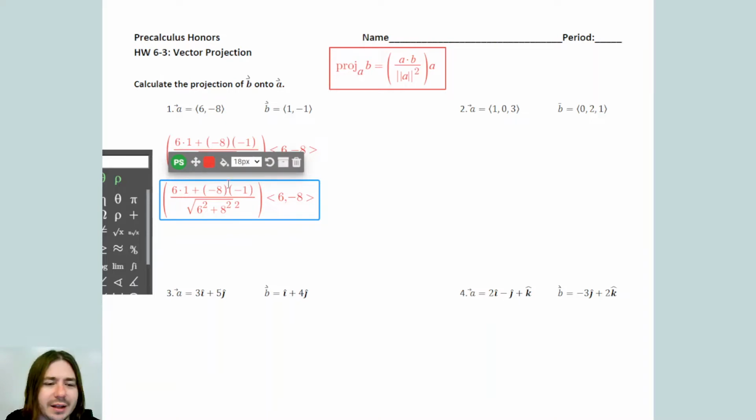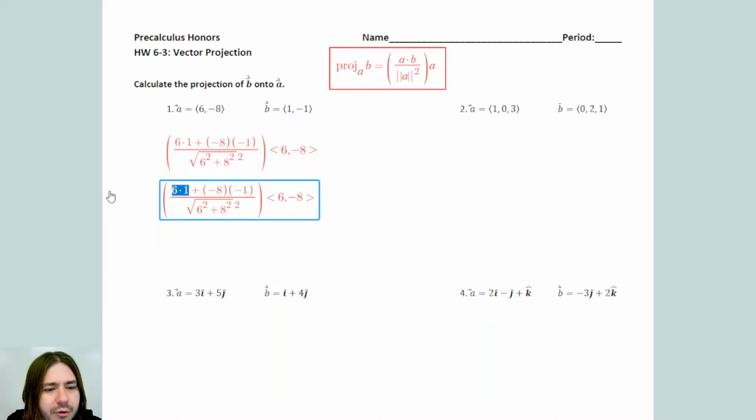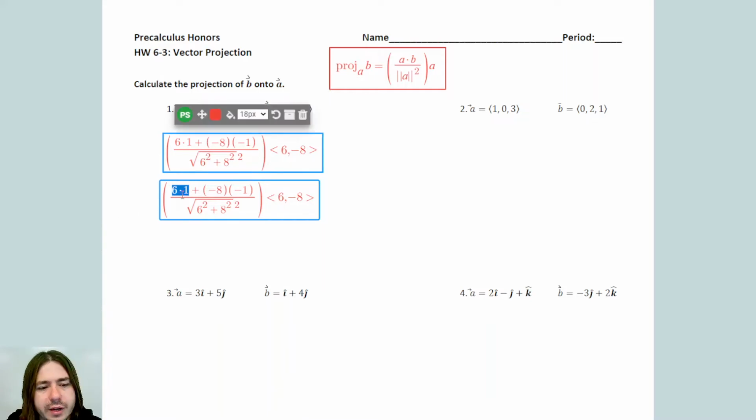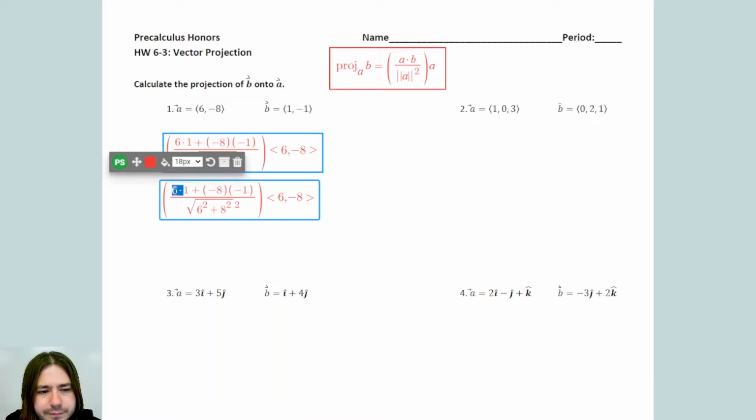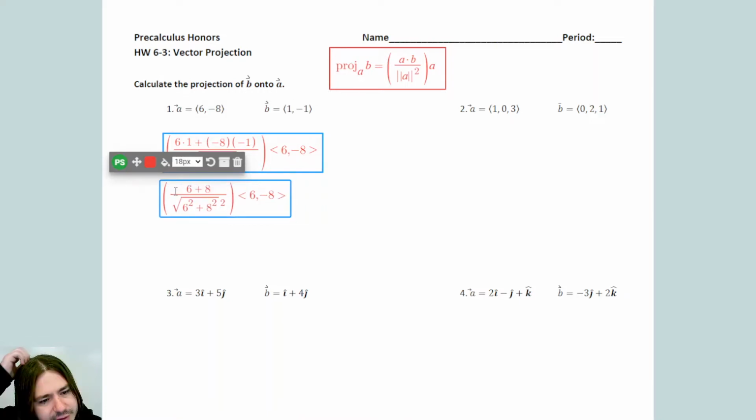So just to kind of walk you through the simplification process here, and you can put all this in the calculator, to be quite honest. It's probably easier to do that. But I just want to walk you through how what you get in the calculator is attained. So 6 times 1 is just going to be 6. Negative 8 times negative 1 is going to be positive 8. 6 squared is 36.